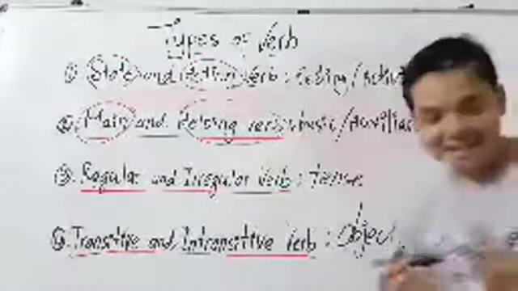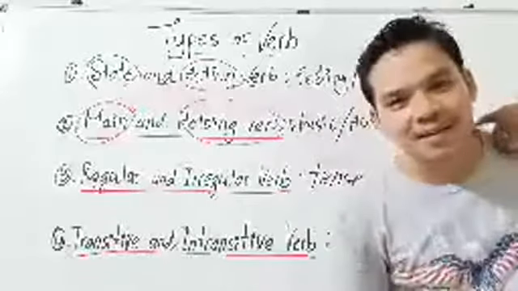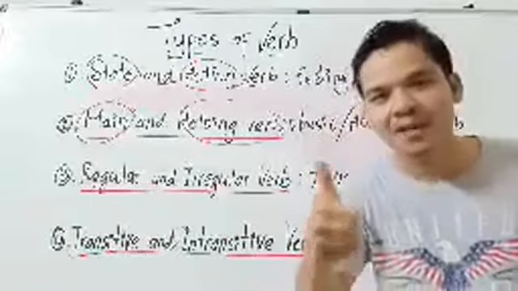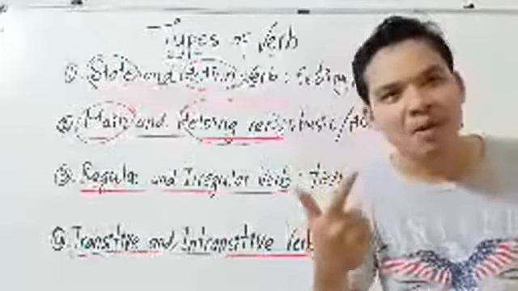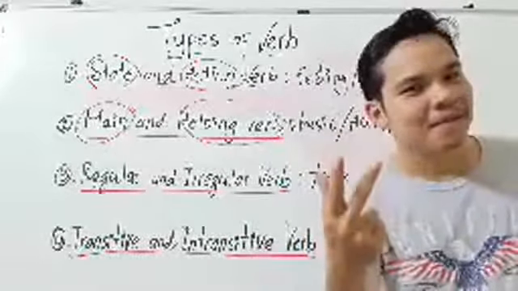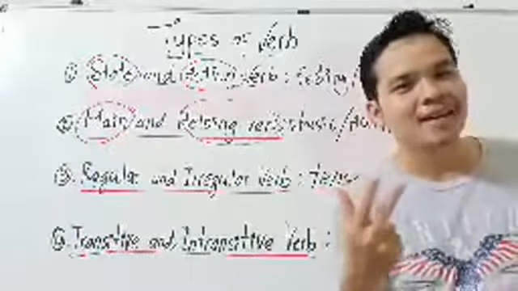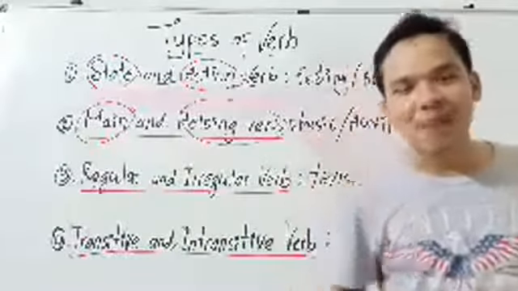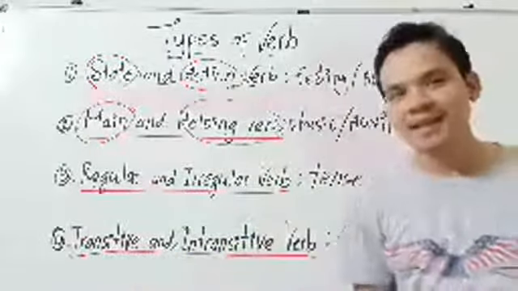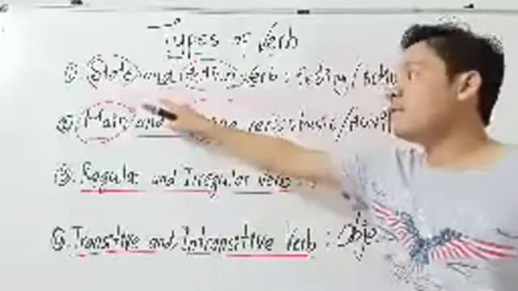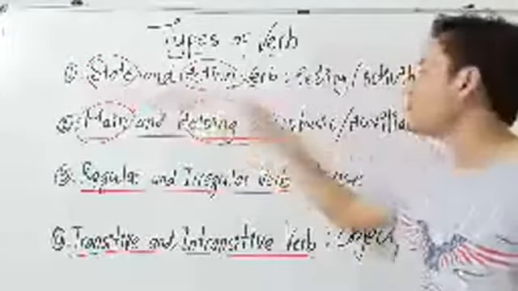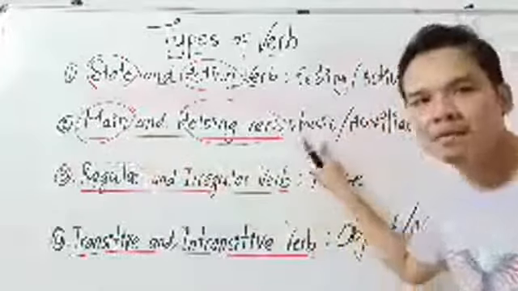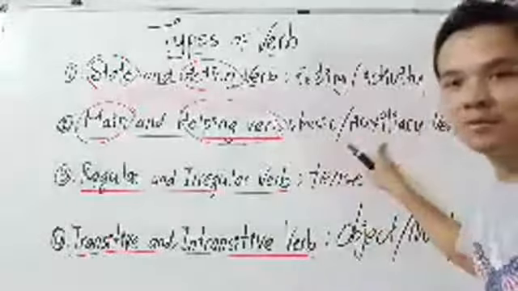So again, the lesson today, we learn types of verbs. Number one, stative verb or action verb. Number two, main verb or helping verb. Number three, regular verb and irregular verb. And number four, transitive and intransitive verb. With stative and action verbs, we learn about feeling or activity. With main or helping verbs, we learn about the basic verb in the sentence or auxiliary verb.